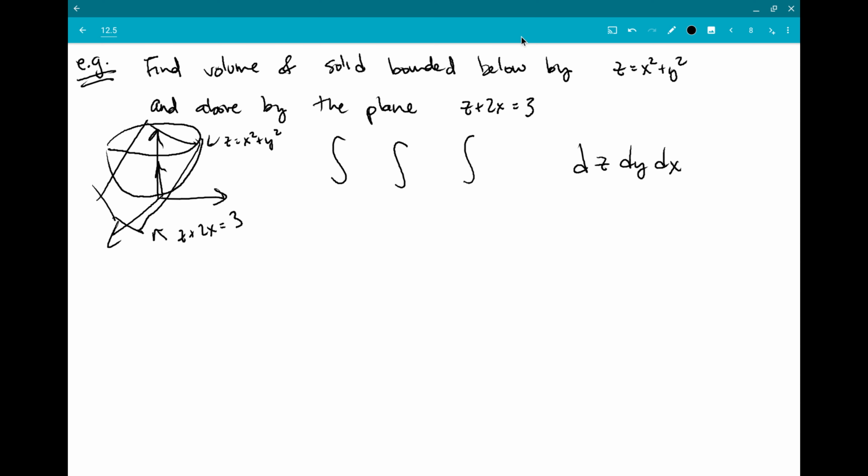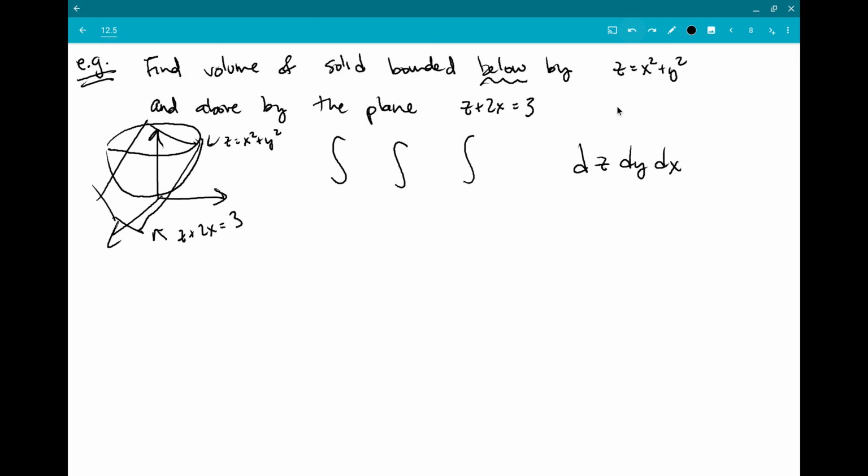And so if you drew this picture, you would sort of know that the plane sits above the bowl because the bowl touches the origin and the plane flies over the origin. Or if you read the sentence that they gave you, it's below is the bowl and above is the plane.